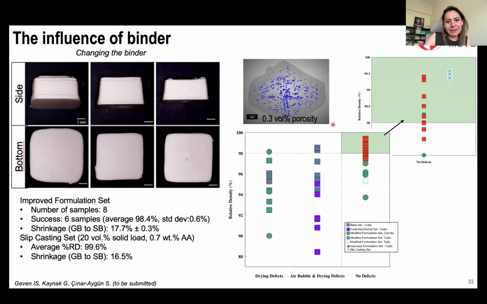That is a very high density for direct ink writing of alumina, and they are all infilled structures. Once we analyzed those samples, we realized that the remaining pores are related to the writing pattern that we follow during the direct ink writing process. So we still have some room to increase those relative densities by optimizing the additive manufacturing process.